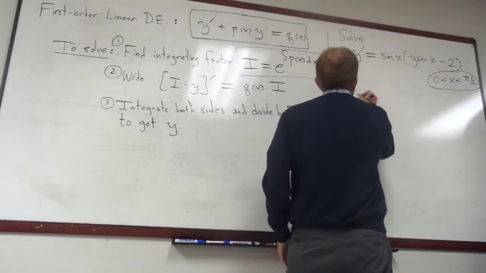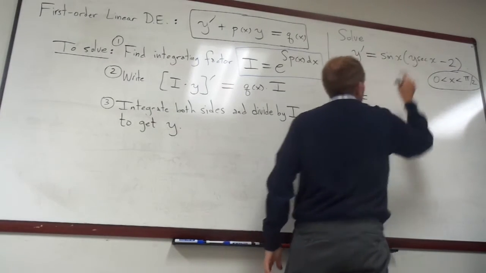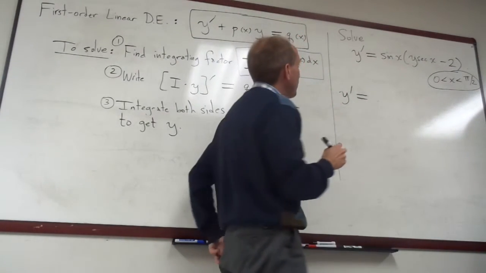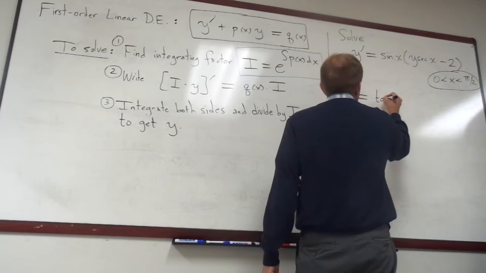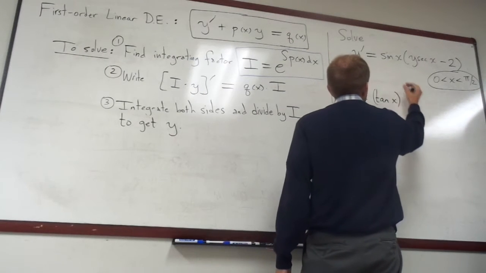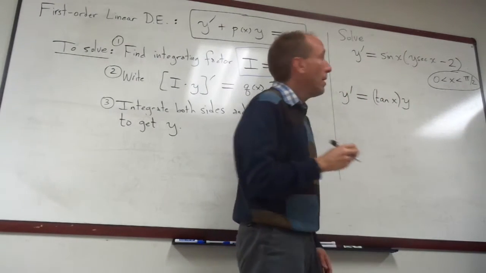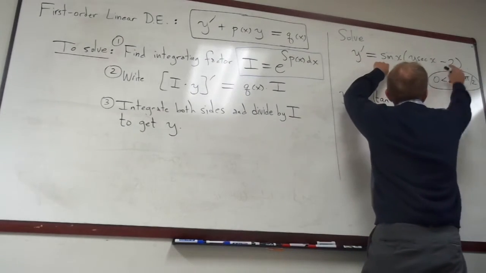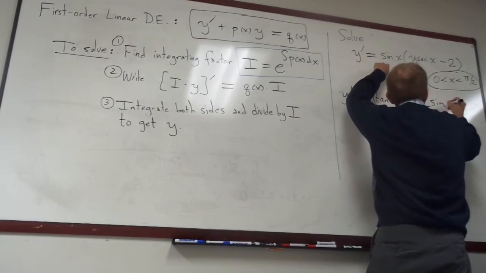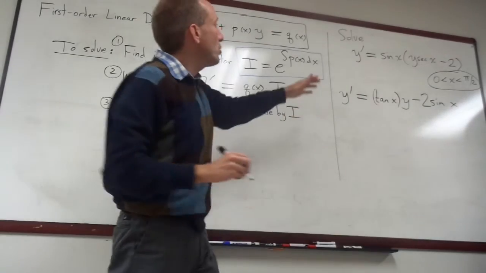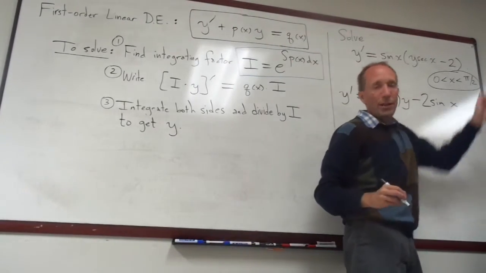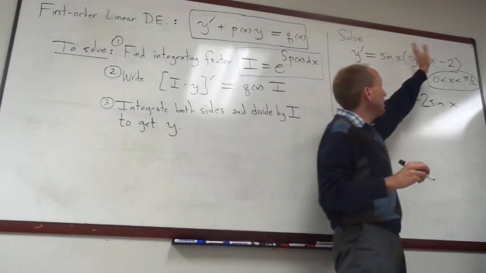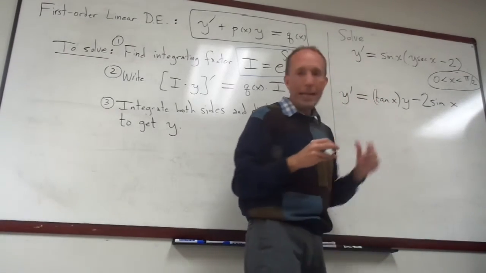So I can take sine of x and divide it by cosine of x and rewrite that as tangent of x. So I'm going to do that, tangent of x times y. And then don't forget there's another term here, minus 2 sine of x. So I really just multiplied it out, and I simplified sine times secant as just tangent.